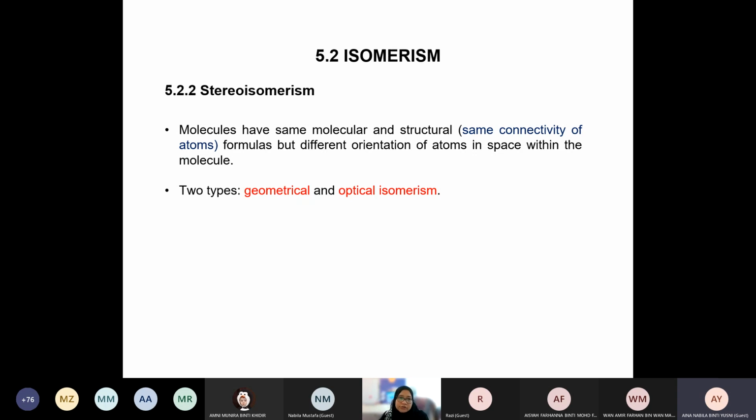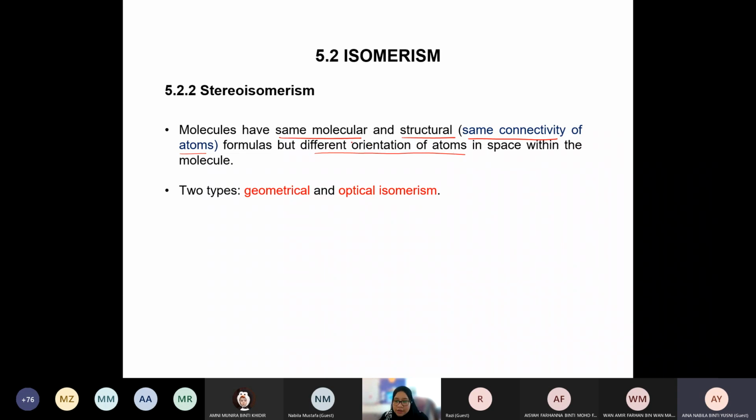Stereoisomerism: molecules have the same molecular formula and structural formula, as in the same connectivity of the atoms, but different orientation of atoms in space within the molecule.